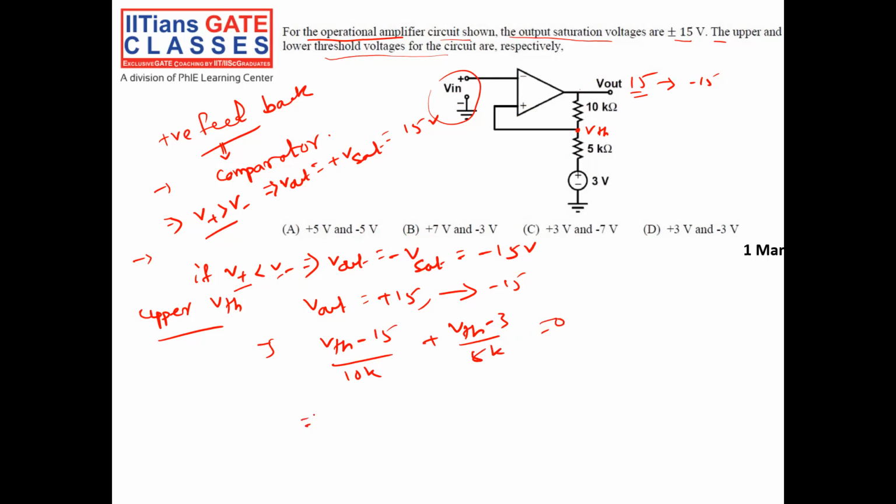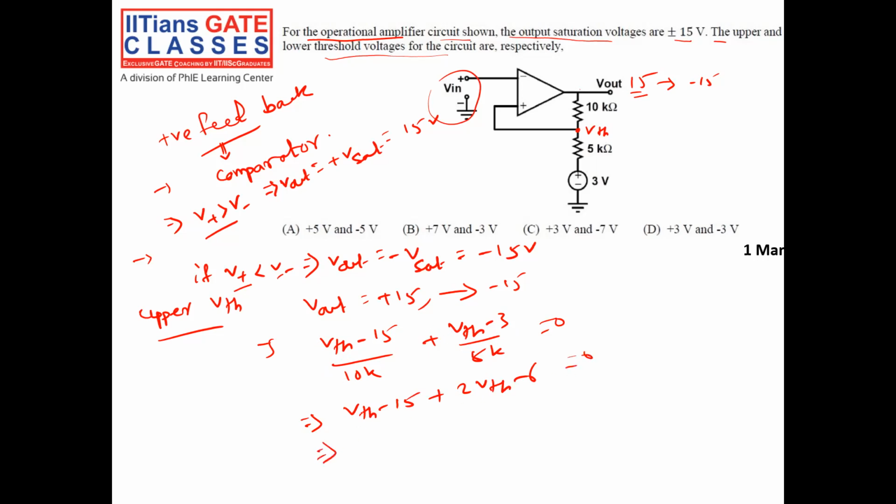Multiplying both sides by 10k, the 10k cancels and 5k gives 2 times, so we get VTH minus 15 plus 2 VTH minus 6 is equal to 0.